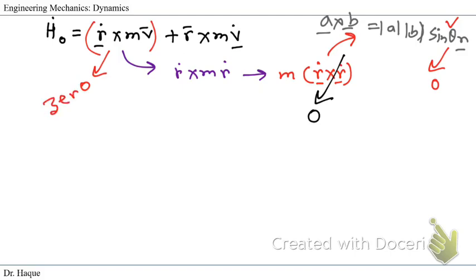So we are left with h dot, the first derivative of the angular momentum, which is r cross product with m v dot, the first derivative of v. Now if we look back to our previous slide, we have our equation 2.